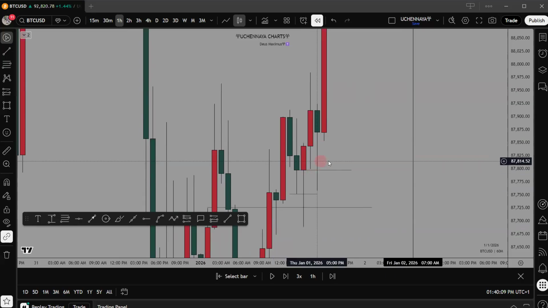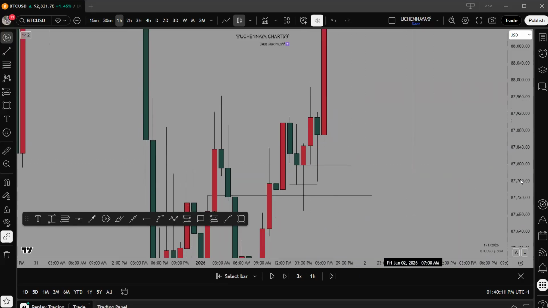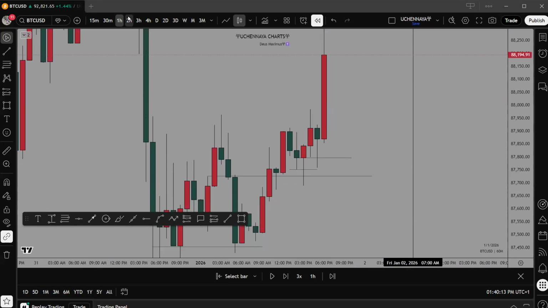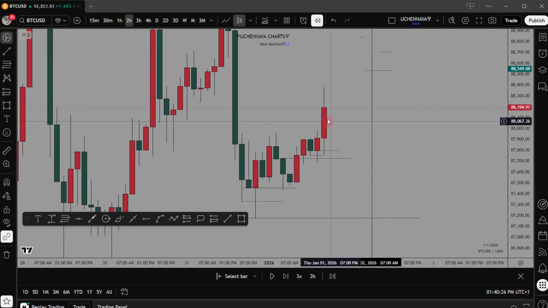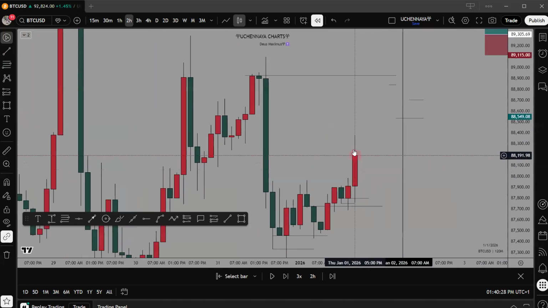So that is how you take all these entries. You miss the first one, miss the second one, the market is still there for you. You get this one. So don't just go about, you see price has moved significantly, you start placing your entry here, now we are bullish.